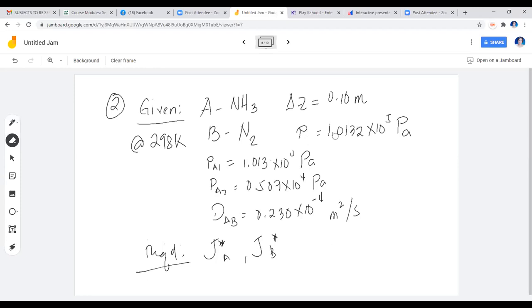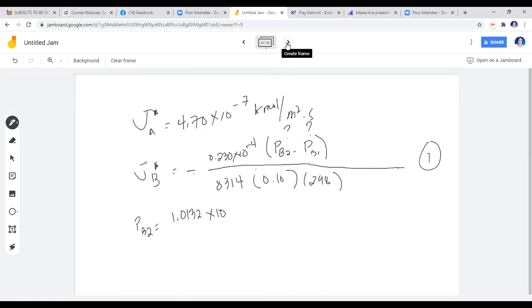Okay, I'll erase that. This is the total pressure of the system, P_T, times 10 raised to 5.